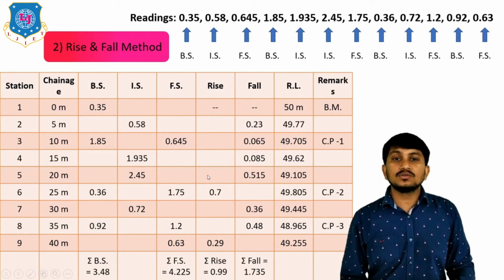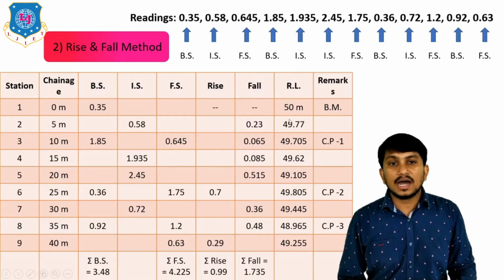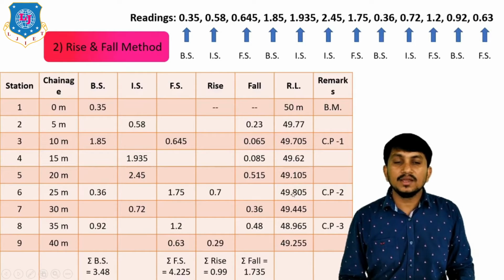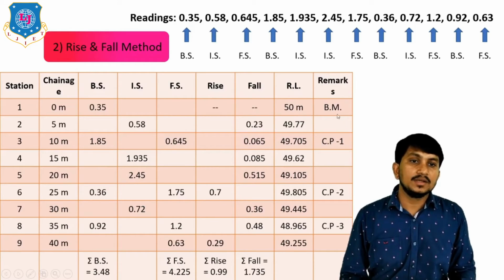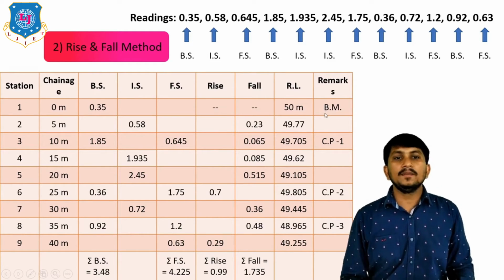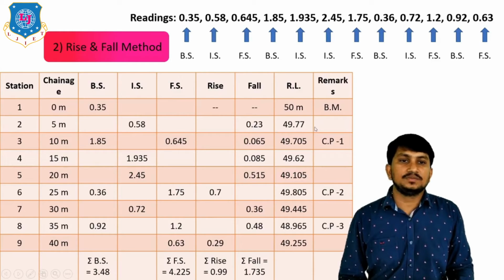After finding out the rise or fall of each station, we can calculate the RL of all points. We have the RL of the first point in the example, which is 50 meter. We can write it as benchmark, because it is a known RL value. After that, to find out the RL of the second station, we have to use rise or fall.